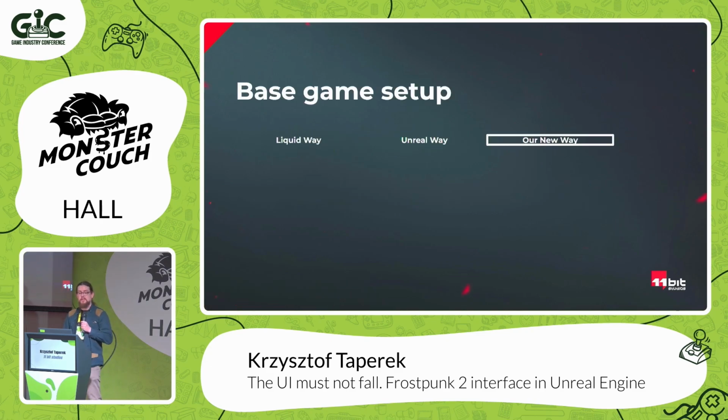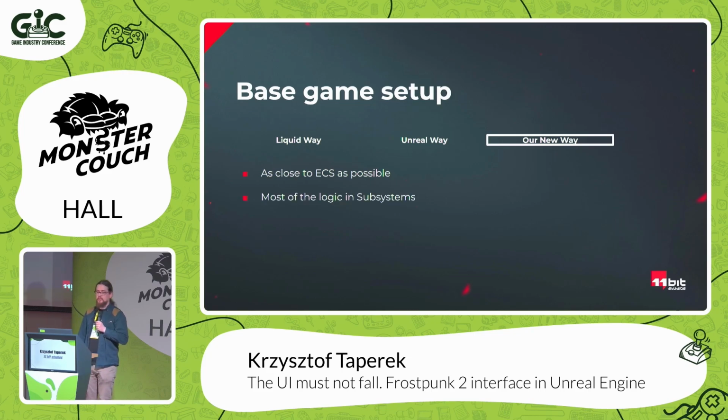Let's talk about base game setup. Our new way in Unreal was still as close to ECS as possible, so we still tried to copy all solutions that were working for us in Frostpunk 1, but on Unreal. We didn't want to fight with Unreal, but when possible, we were doing it in a similar way.